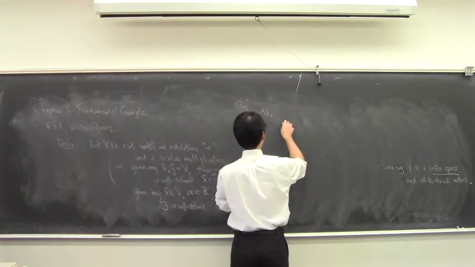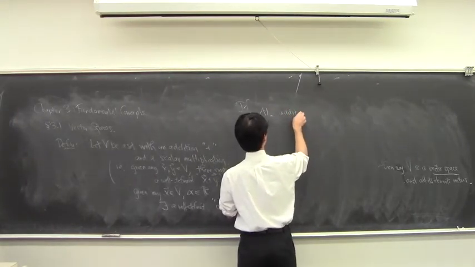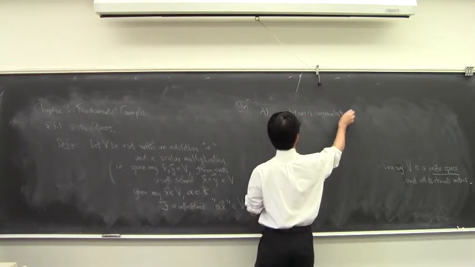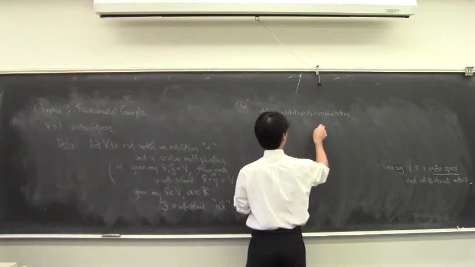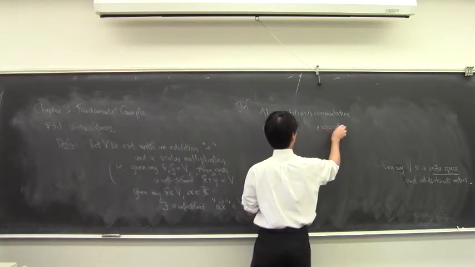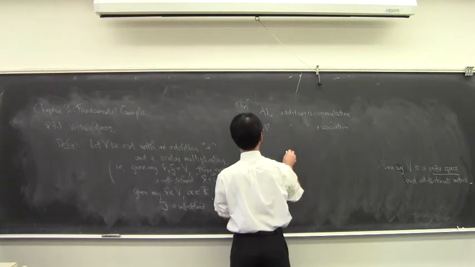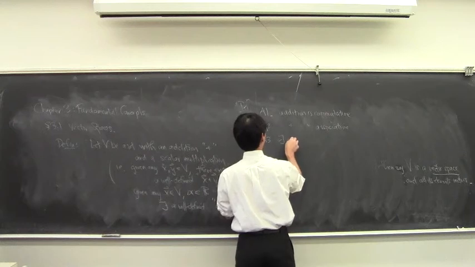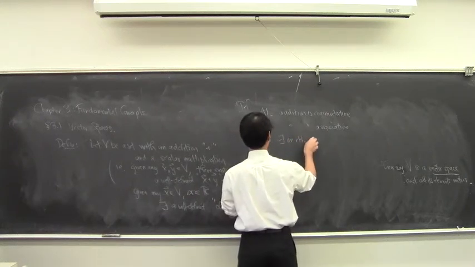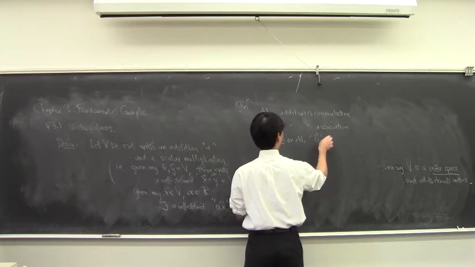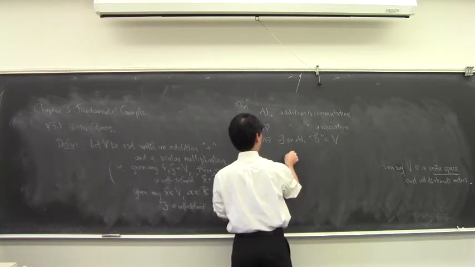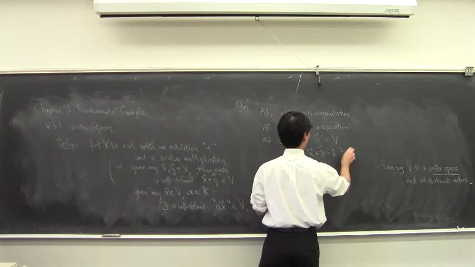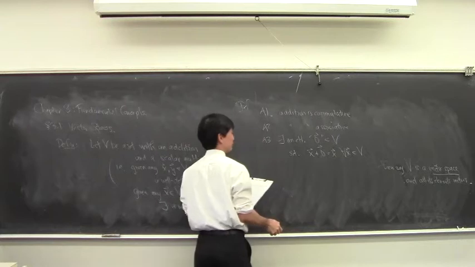If addition is commutative, if addition is associative, if there exists an element called 0 such that x plus 0 equals x for all x in V. Right?